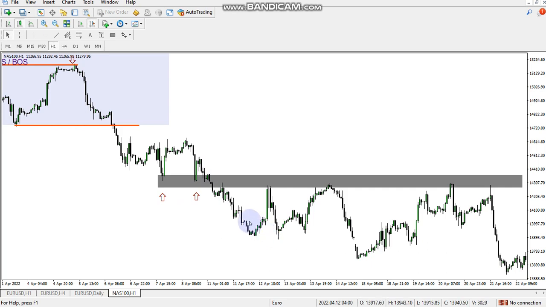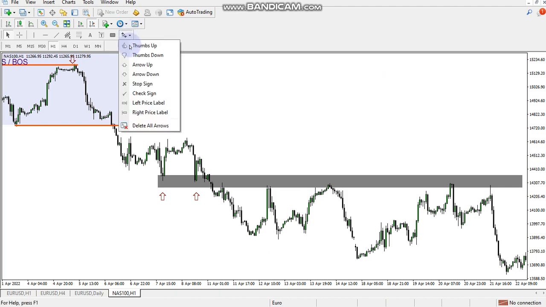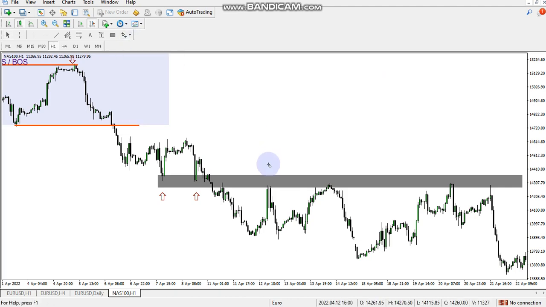Then here it was our support. Then what happened? From there it breaks out. Then after the breakout, this level tends to be a flip zone. It's a resistance. So from there we are looking to sell, you see. So if you can check now, this is our flip zone.